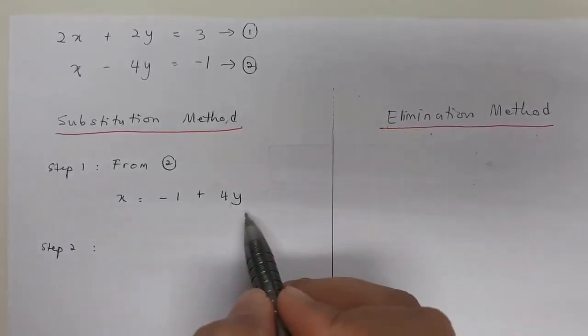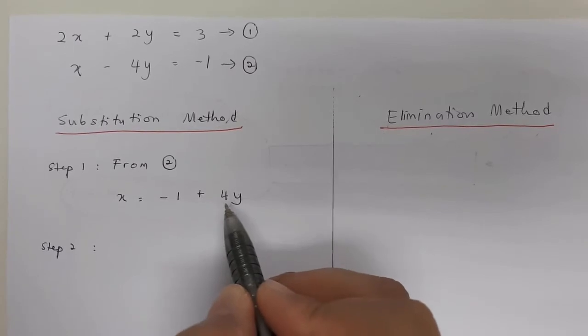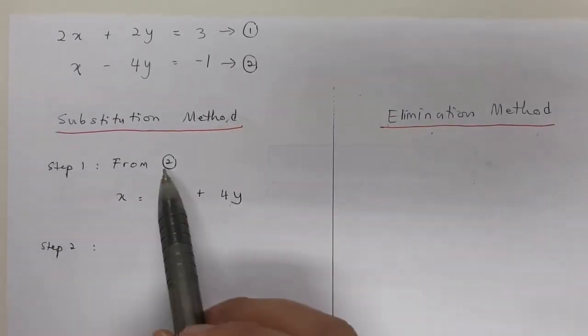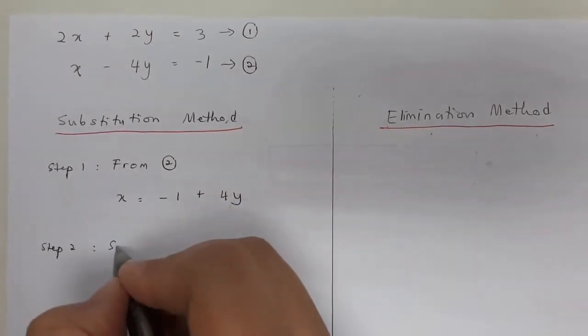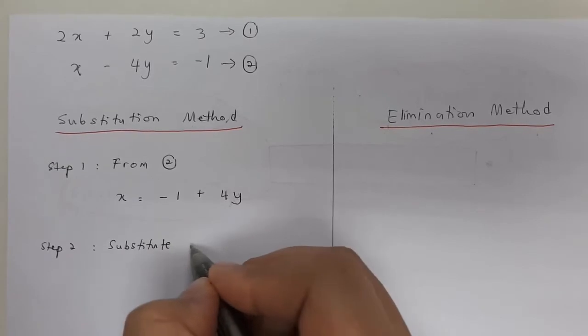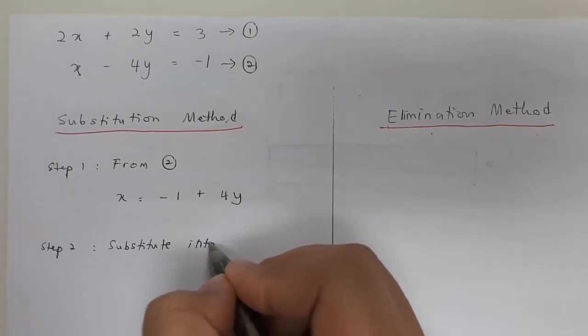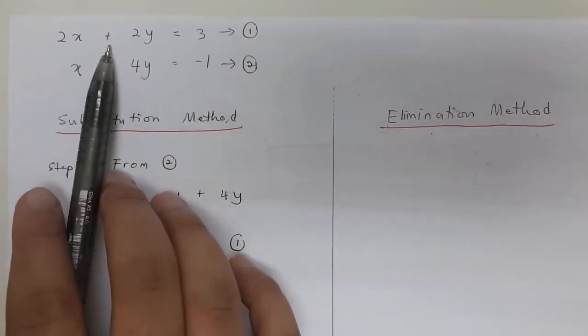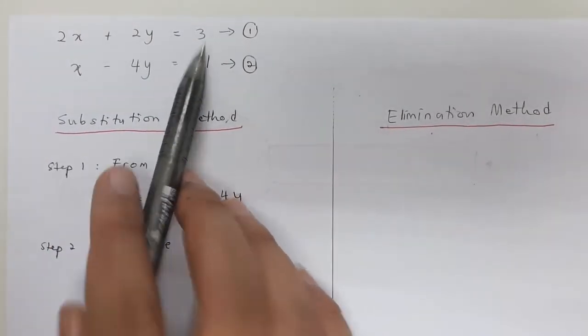Step 2. Substitute the equation from step 1 into the other equation. Since in step 1 we chose equation 2, now we will substitute into equation 1. The original equation is 2x plus 2y equal 3.